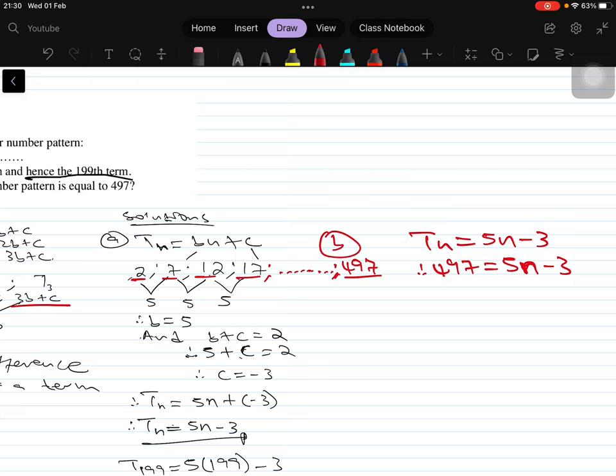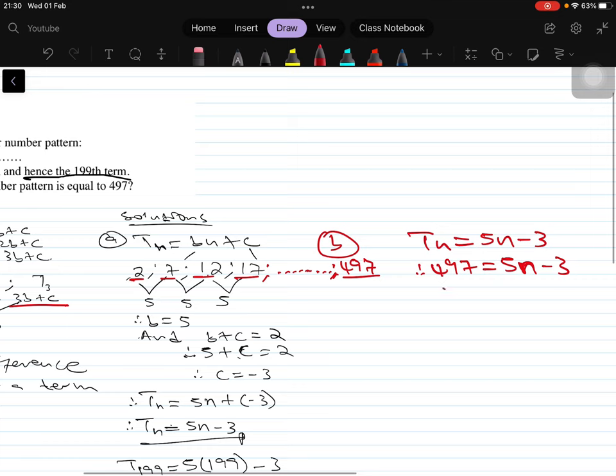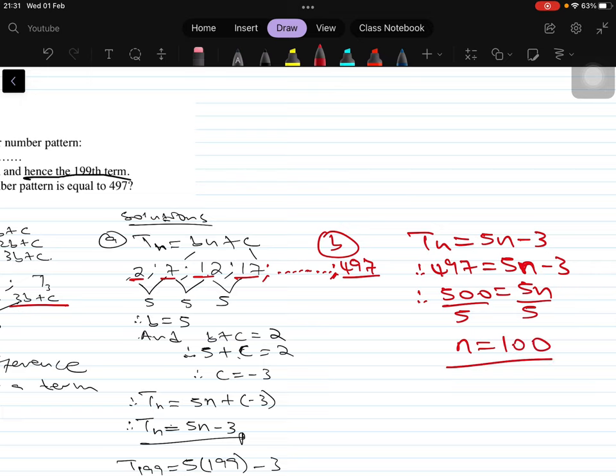You just need to take 3 to the other side, get 500, divide both sides by 5, and then you realize that 100 equals n, but I'm going to write it in reverse, and then n equals 100. That's going to be pretty much the case.